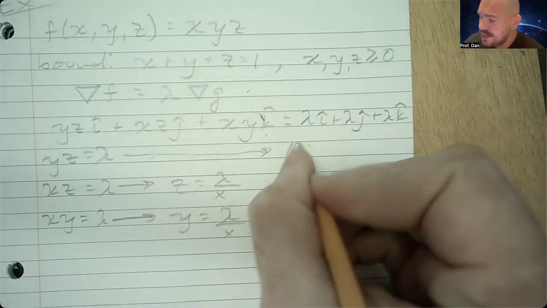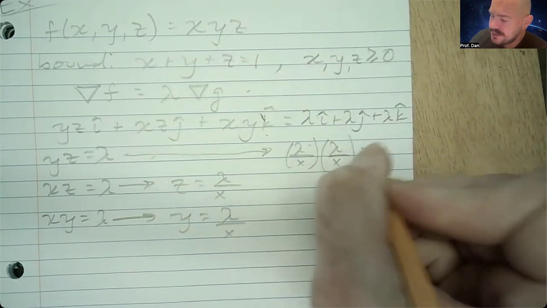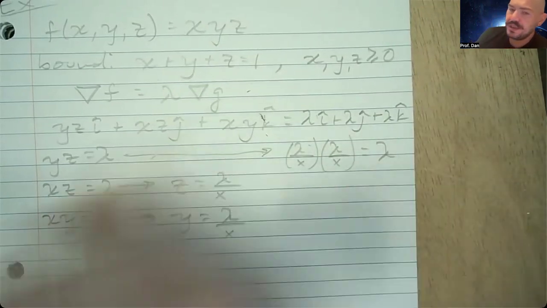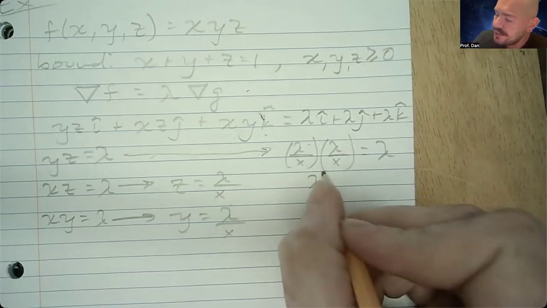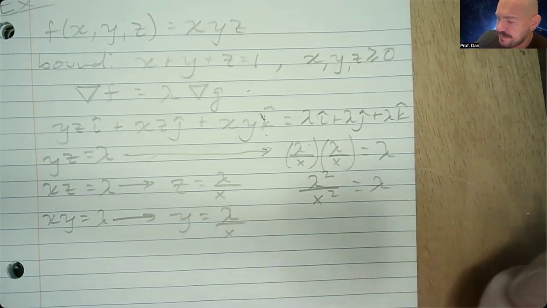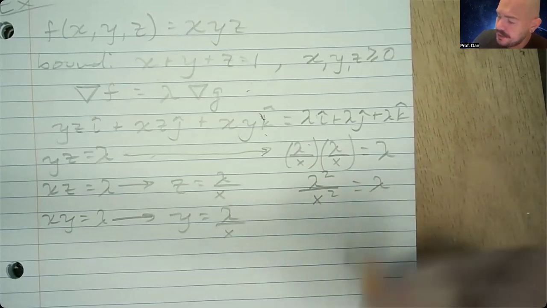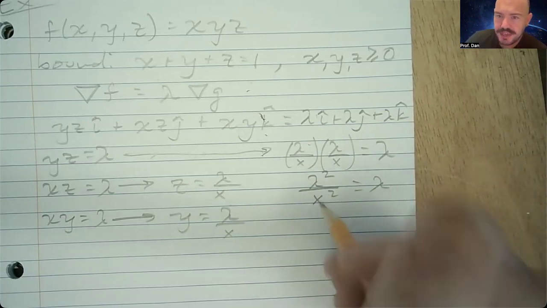So that's going to be lambda over x times lambda over x is equal to lambda. Multiplying these together, I get lambda squared divided by x squared equals lambda. And at this point, I can clear the fraction by multiplying both of these terms by x squared.